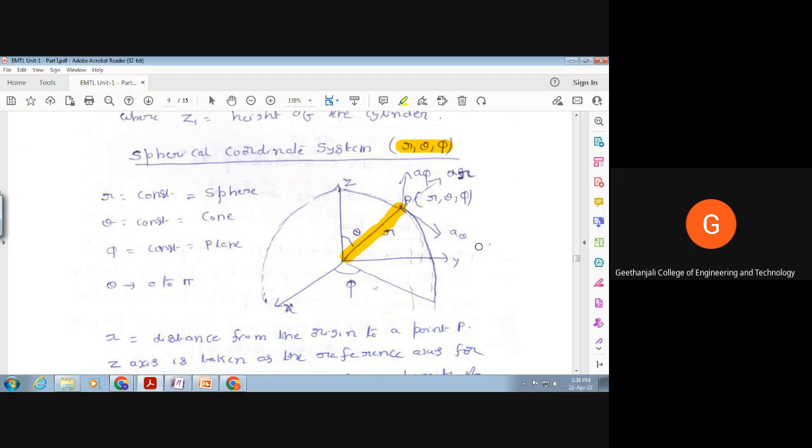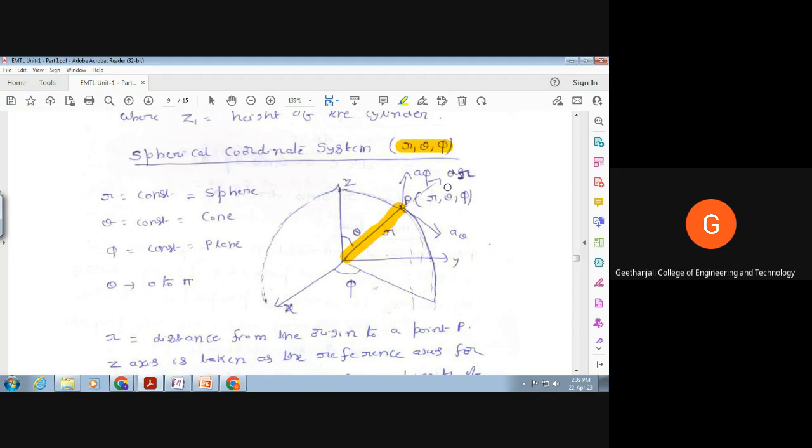And you take any point on the spherical surface. The distance from the origin to that point is nothing but the radius of the sphere. So here r is the distance from the origin to a particular point P. So r is equal to constant gives me a spherical surface, the radius of the sphere.